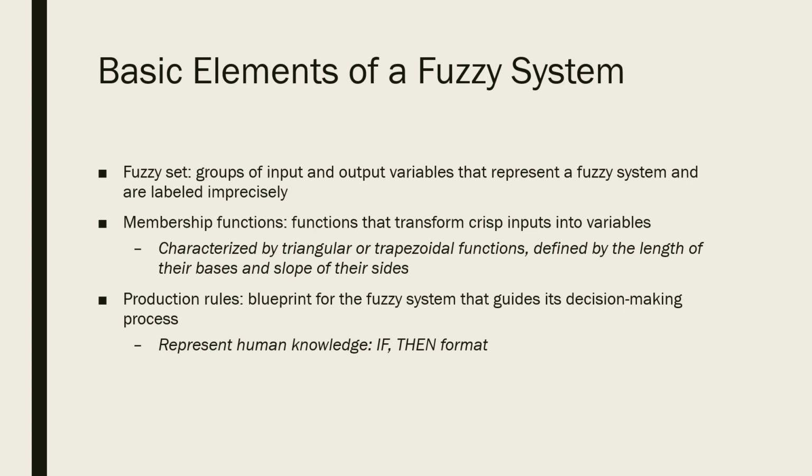Fuzzy sets transform crisp inputs into variables through membership functions. Membership functions are characterized by triangular or trapezoidal functions that are defined by the length of their bases and the slope of their sides. The third element of a fuzzy system is production rules, which are the blueprint of the fuzzy decision process. They represent human knowledge and follow the if-then format.